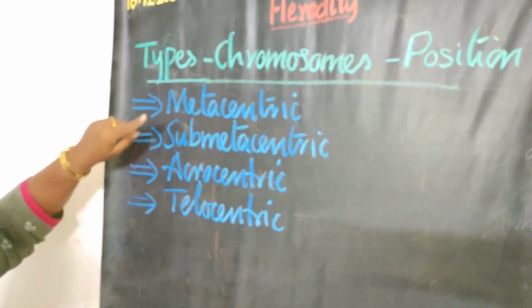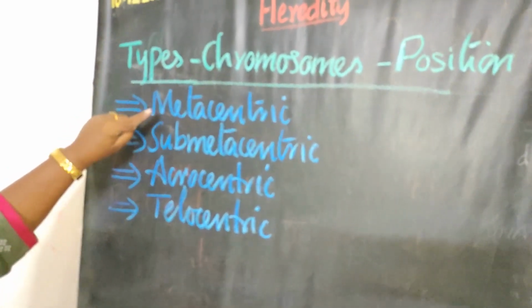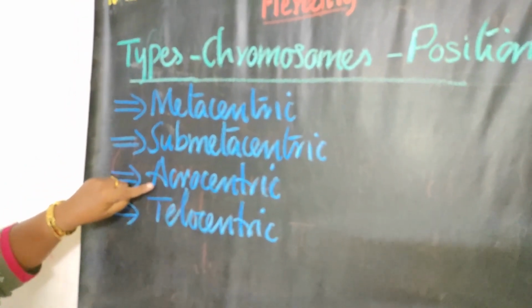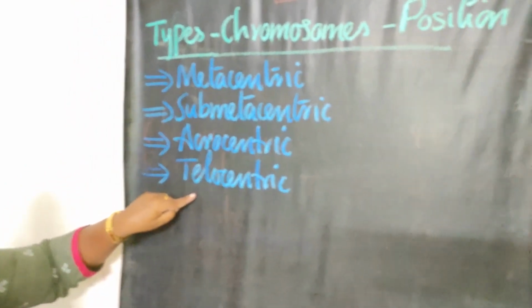So based on the position, the chromosomes are classified into metacentric, submetacentric, acrocentric and telocentric.